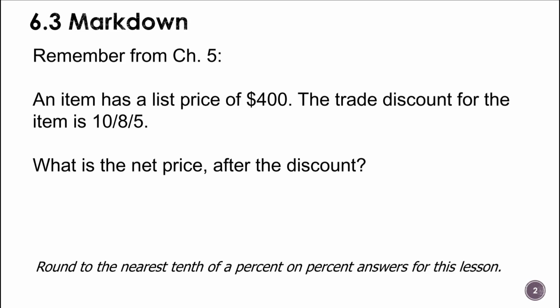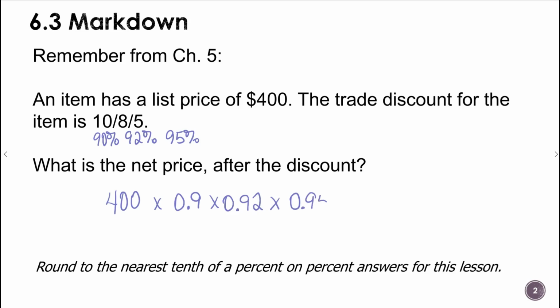The complements would be 90%, 92%, and 95%. So we're going to take 400 and multiply it by 0.9 times 0.92 times 0.95.